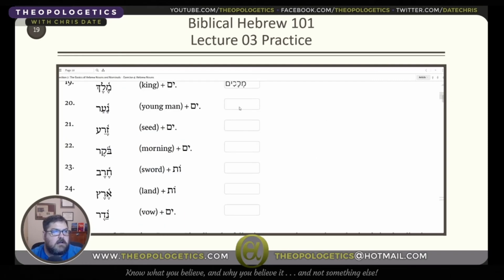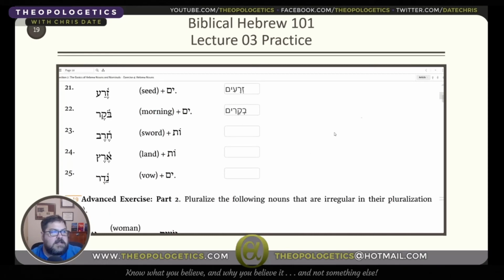Same thing with na'ar: na'arim. Same thing with zera. These are all segholates, so that makes it easy. Zra'im. Same thing with boker. This is easy. Bakarim.